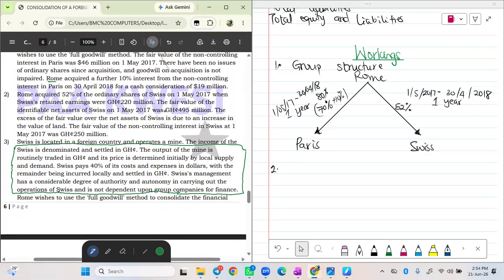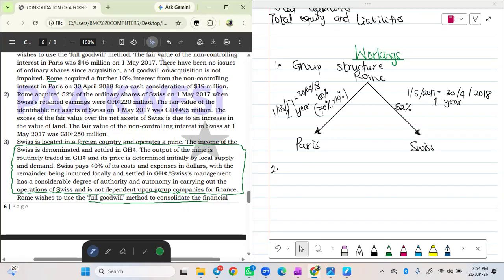The identifiable net asset was in cedis, and the fair value of NCI of Swiss was also in cedis. And in additional information 3, all the plenty of stuff here is just to tell you the functional currency of the Swiss, because the most useful information here is the full goodwill method.